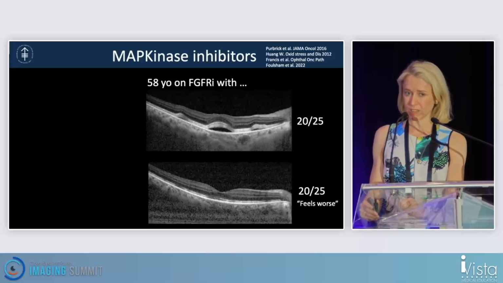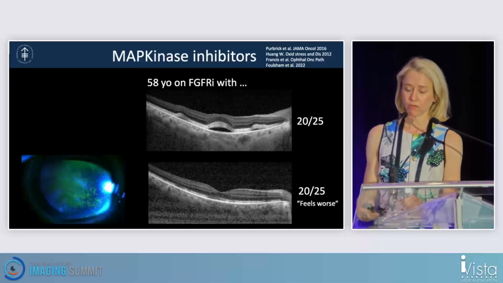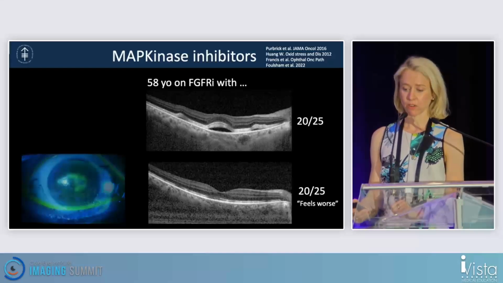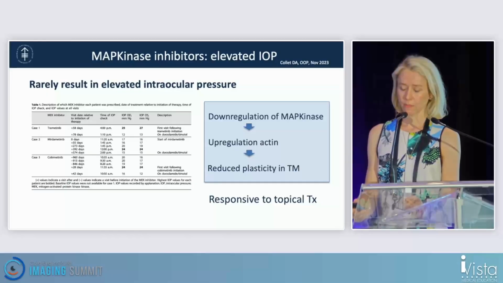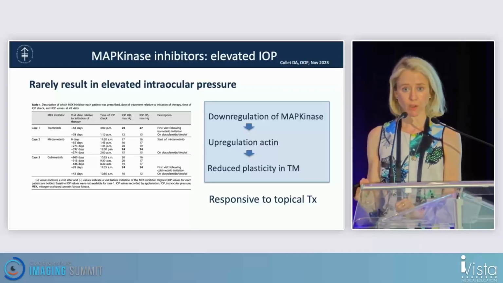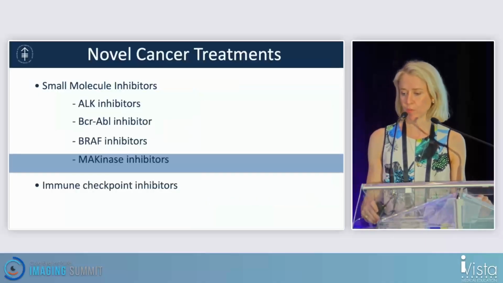He's still 20/25, but he feels worse, and that's because an FGFR inhibitor also gives you a keratopathy. So if patients are unhappy, look at the cornea. Just wanted to note that MEK inhibitors can also make the pressure in the eye go up. So if you see an elevated intraocular pressure, if you put them on a drop, they'll respond well.